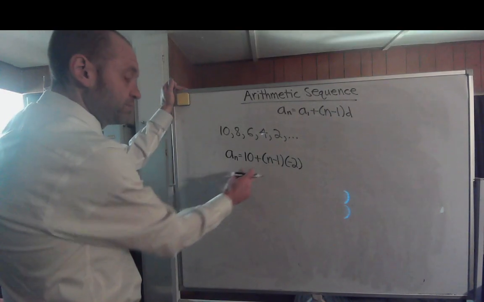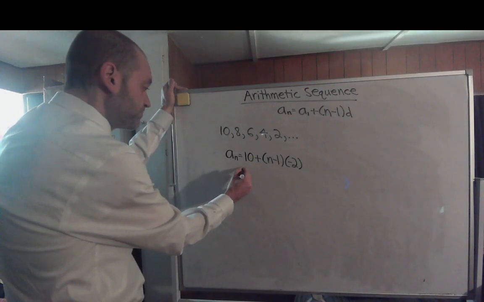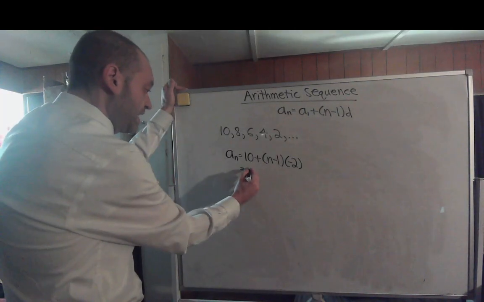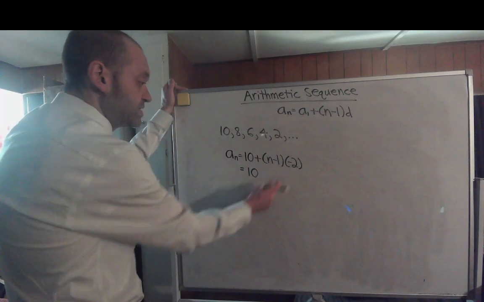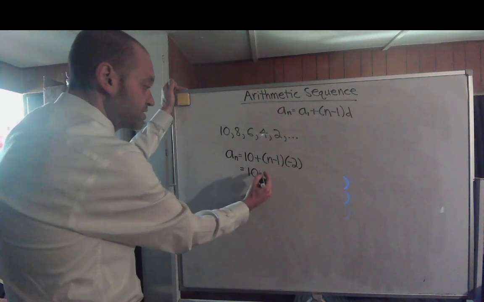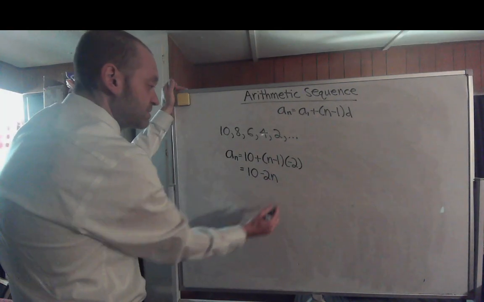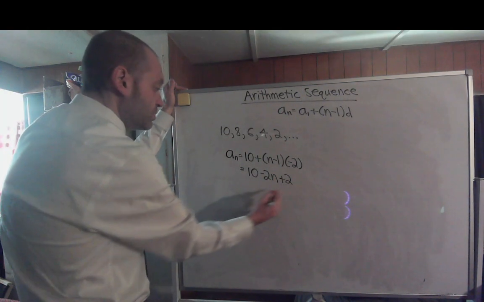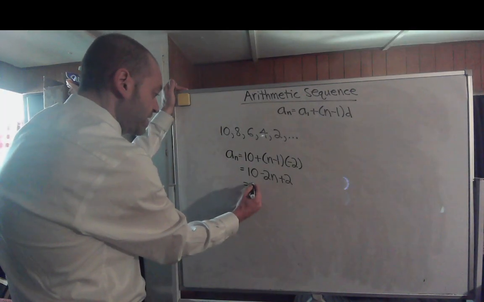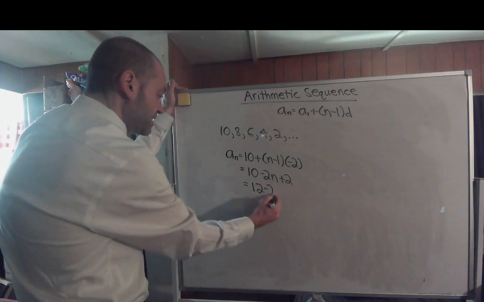But we want to simplify this. So what you're going to have now is 10, and then you take that -2 and distribute it. So you'll have 10 minus 2n, -2 times -1 is plus 2, which would finally end up giving you 12 minus 2n.